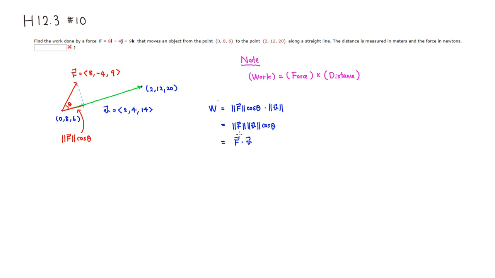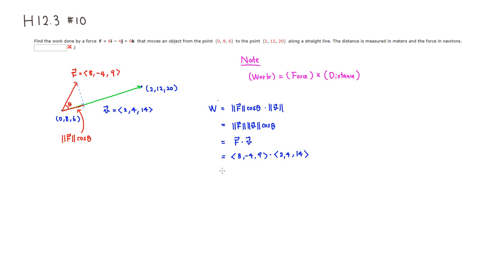Let's compute that. This is the vector (8, -4, 9) dot product with (2, 4, 14).